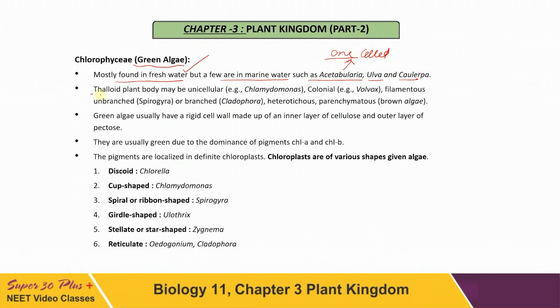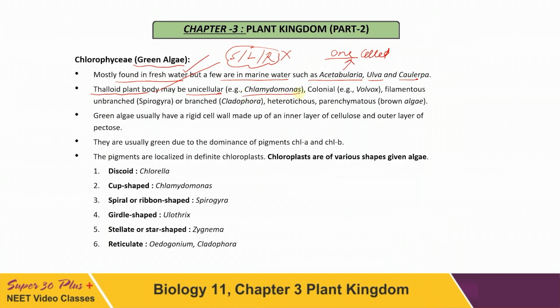The body is thalloid. Already I told you in algae, there is no differentiation of stem, leaf or root-like structures. These are not found. Such a body is known as thalloid. It may be unicellular, as in case of Chlamydomonas. You should not be confused.